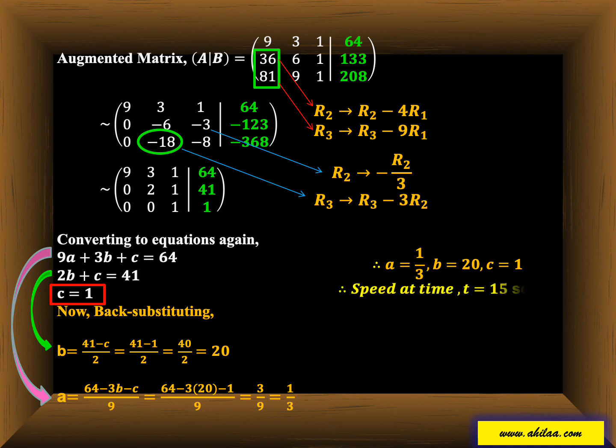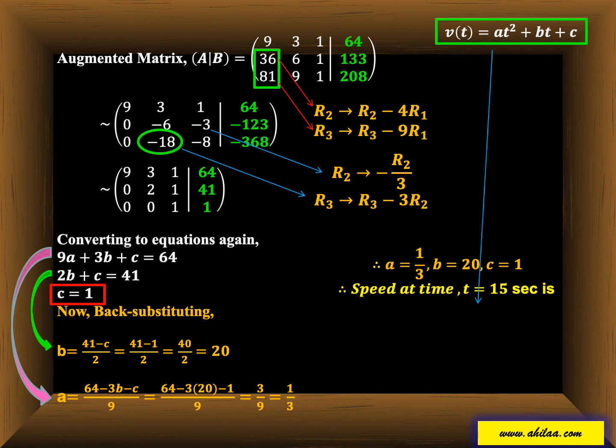The problem is not yet over. It is asked to find the speed at time t equal to 15 seconds. We are given the equation for the speed, v of t equal to at square plus bt plus c. So substitute t equal to 15 in this equation, and as we have got the values of a, b, c, we can substitute those values too to get the required speed.